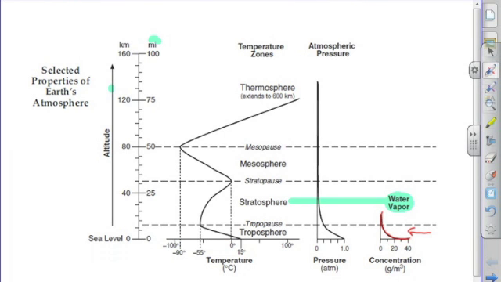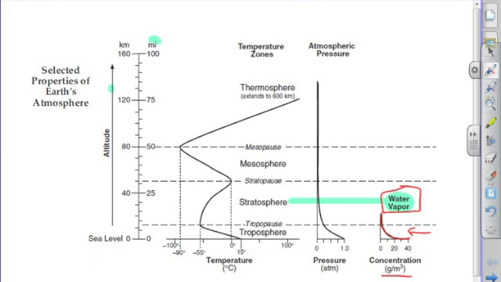Please do not be misled by the words sitting here in the stratosphere. The concentration is always referred to in grams per cubic meter, and you can see that the concentration of water vapor is definitely predominantly found in the troposphere.